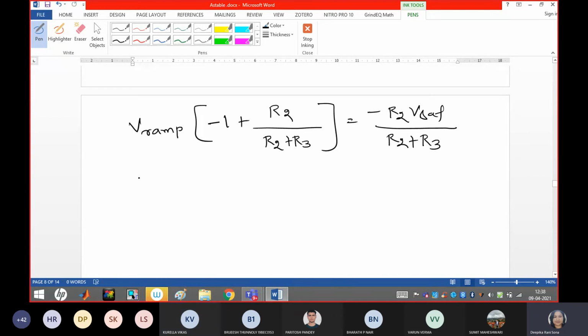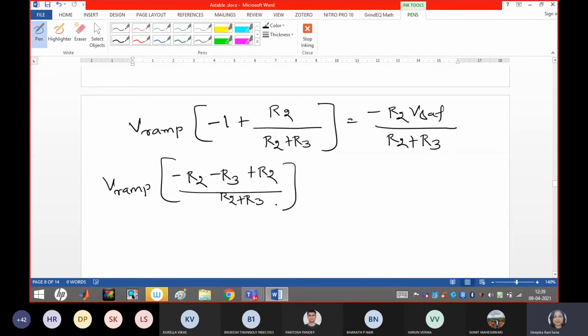Okay, so what is the next step? It is minus of R2 minus of R3 plus of R2, and here R2 plus R3 is there. So which terms are getting cancelled? Let's see. VRAM whole into minus of R2 minus of R3 plus R2 whole divided by R2 plus R3, right?